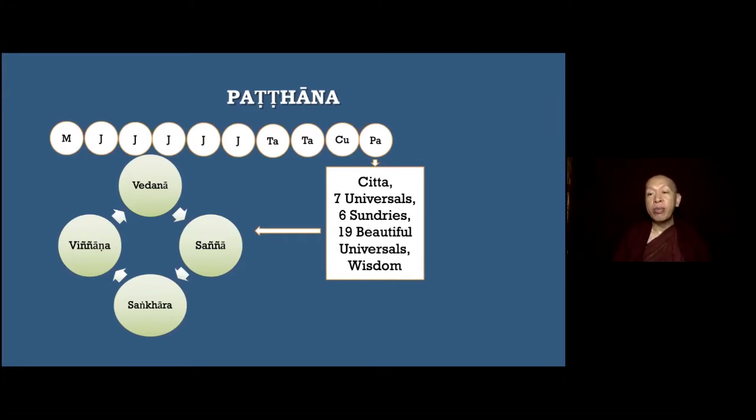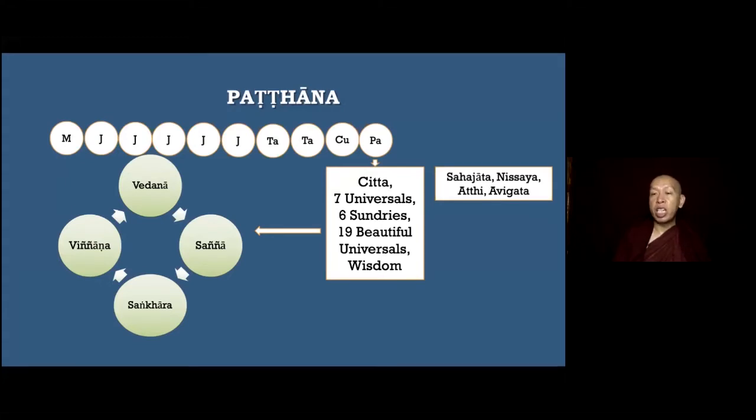So we have four mental aggregates. They will work together to be reborn at the very beginning of this life. When they are arising together, they can support each other. So here we have the Sahajata type. Sahajata means they arise together.